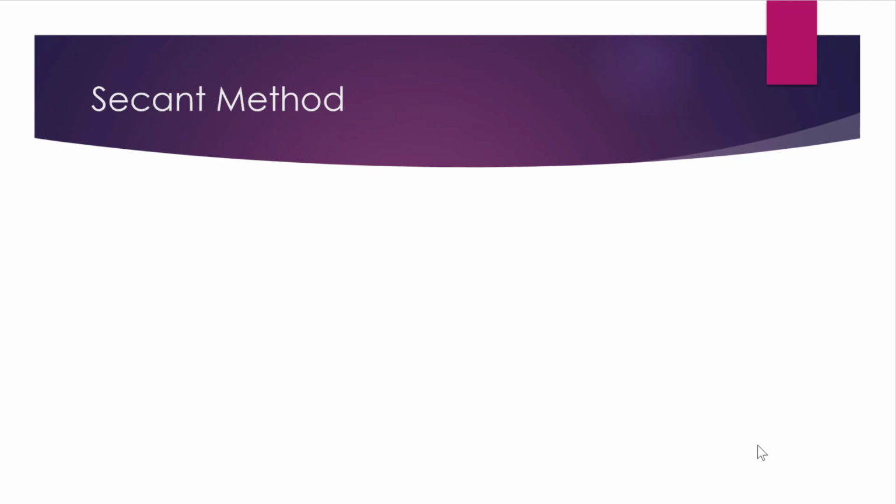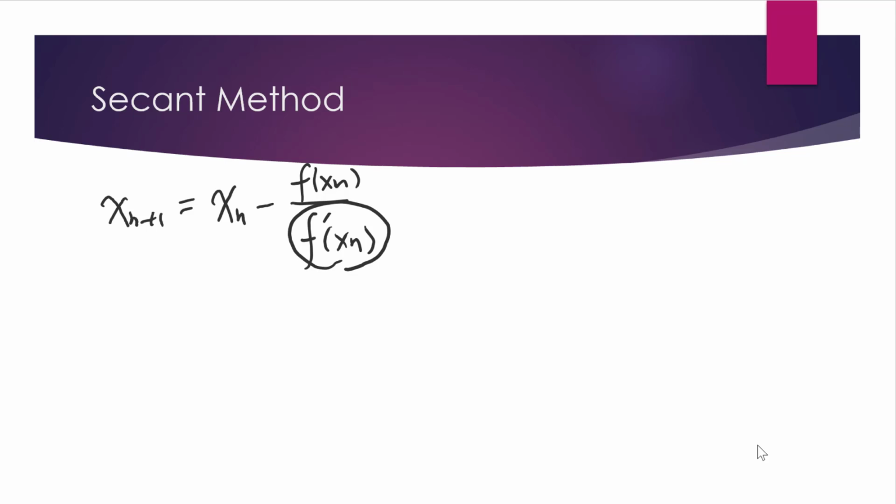Let me show you how this formula is derived. Remember that when we use the Newton-Raphson method, we get the value of x_{n+1} based on x_n using this formula: x_{n+1} equals x_n minus f(x_n) over f'(x_n). When we use the secant method, we don't know any information about the derivative, so this term is replaced by an approximation of the derivative.